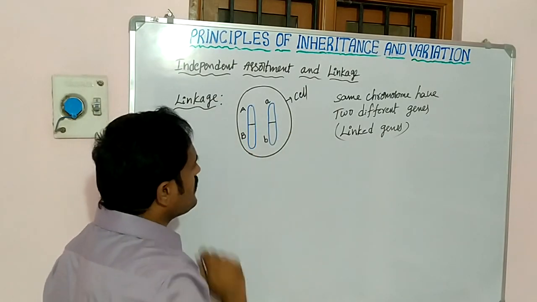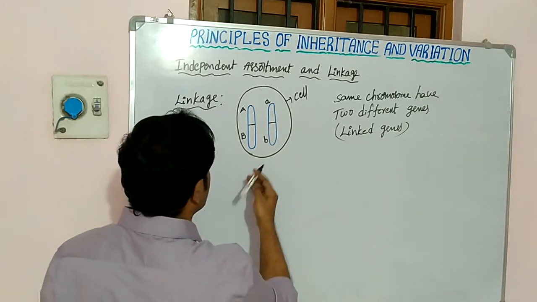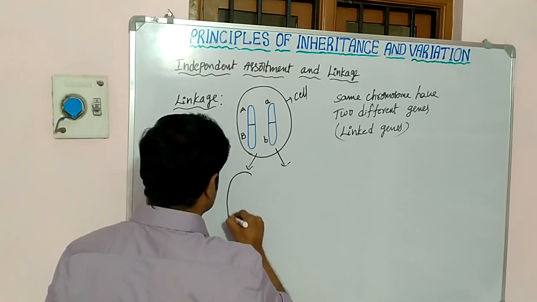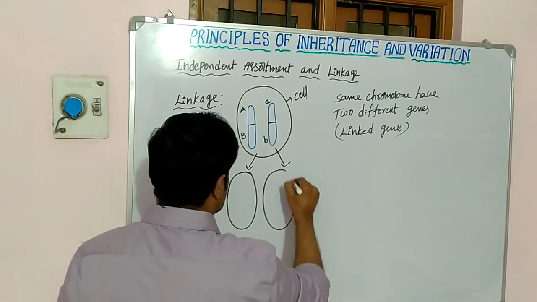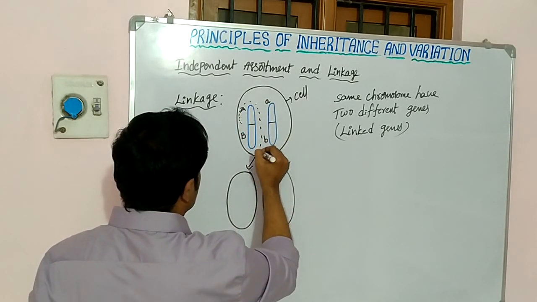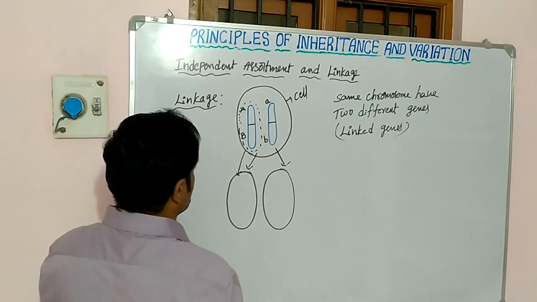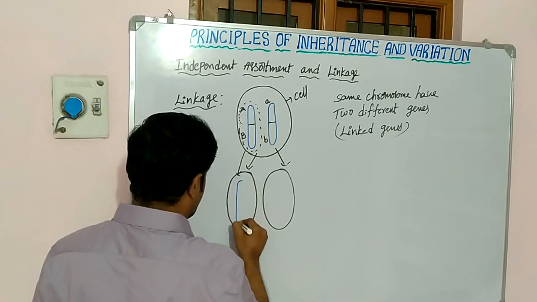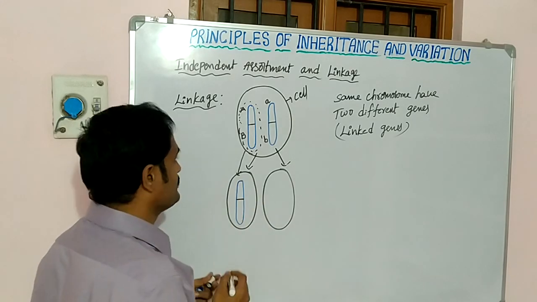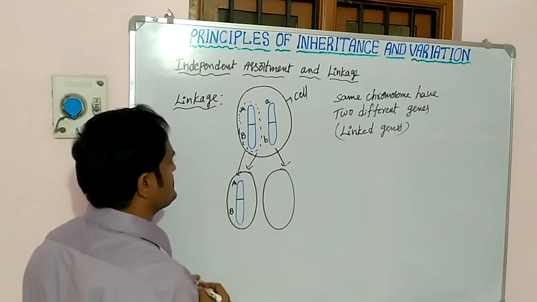Okay. Then what kind of gametes are formed from this cell? Then it produces two types of cells here. This is one cell and this is another cell. The first chromosome reaches this cell. This chromosome consists of two different genes: capital A is one gene and capital B is the second gene.